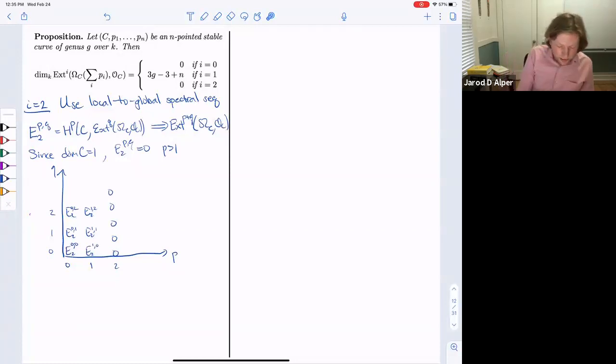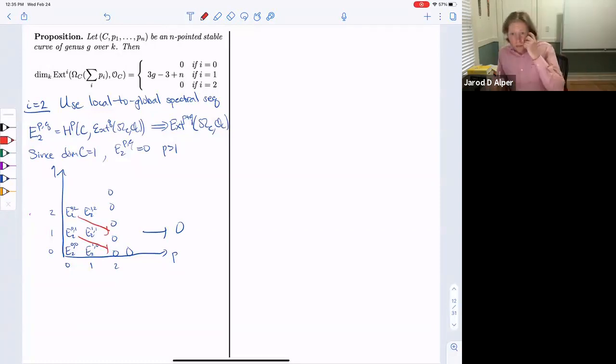So I've drawn the spectral sequence here. So we have vanishing to the right. This is all 0. And if I get the arrows right, I think that the maps go down to the right. And actually we already know that this group here is 0. We've computed that.